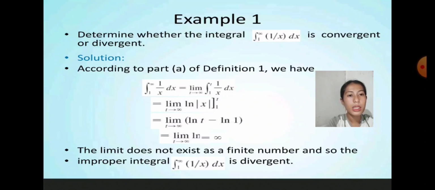The limit does not exist as a finite number, and so the improper integral of 1 over x dx is divergent.